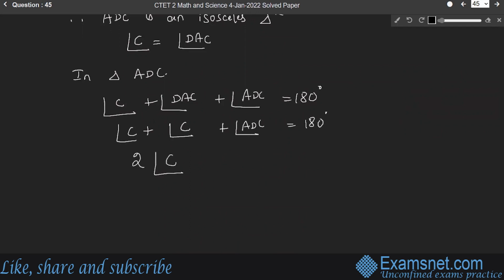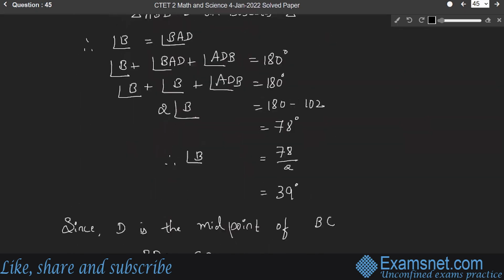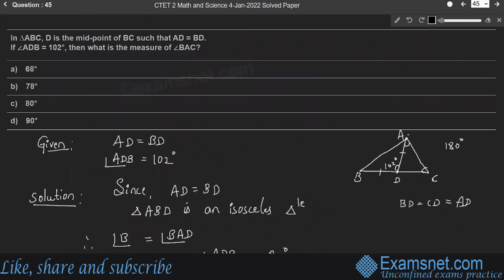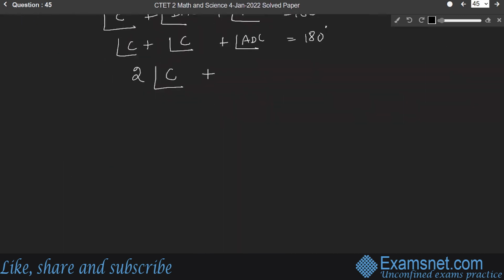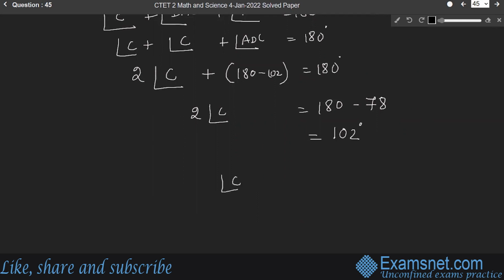What is ADC? ADC is 180 minus angle ADB, that is 102 degree. So 2 times angle C is equal to 180 minus 102 degree, that is 78 degree. Therefore, angle C is equal to 78 by 2, that is 39 degree.